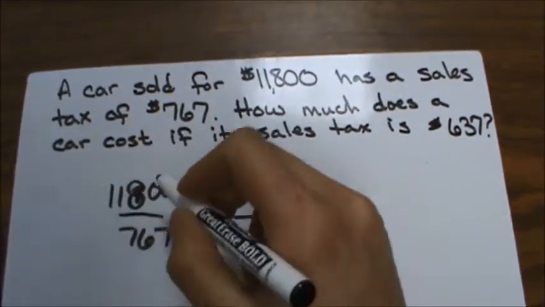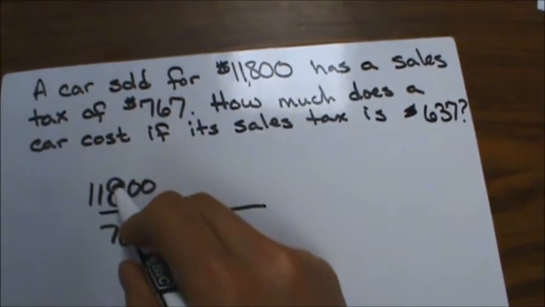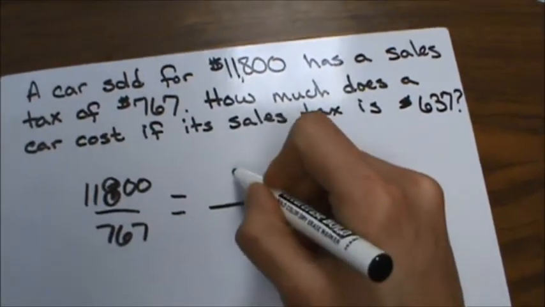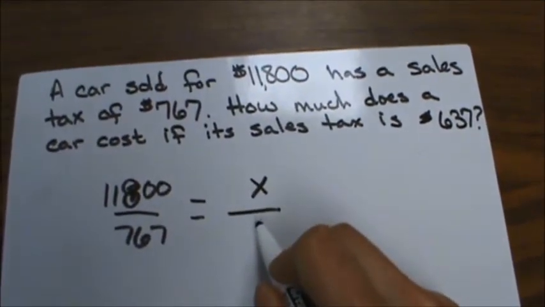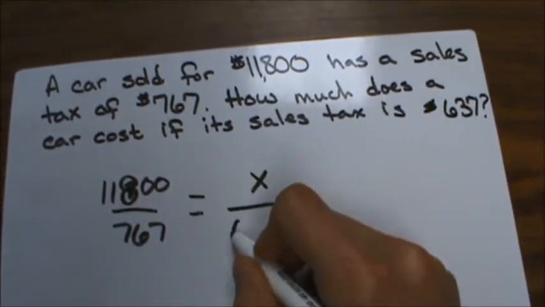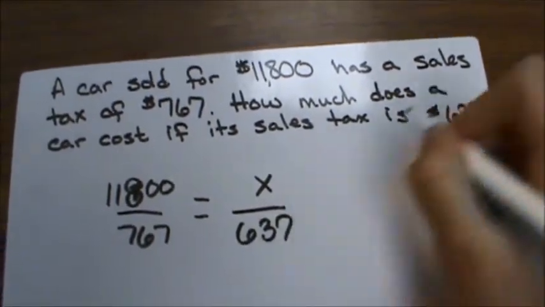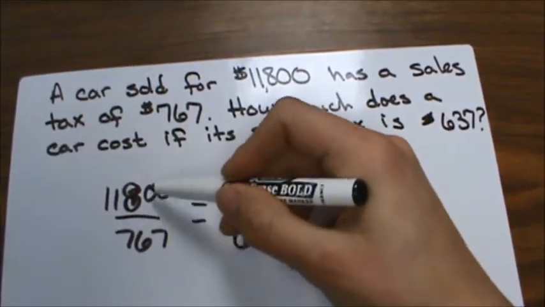And now I need to make sure that I'm going to line up my numbers correctly. If this is cost of a car, that means this is my unknown. If this is sales tax, that means I must be given another number that represents sales tax, and that's the 637.